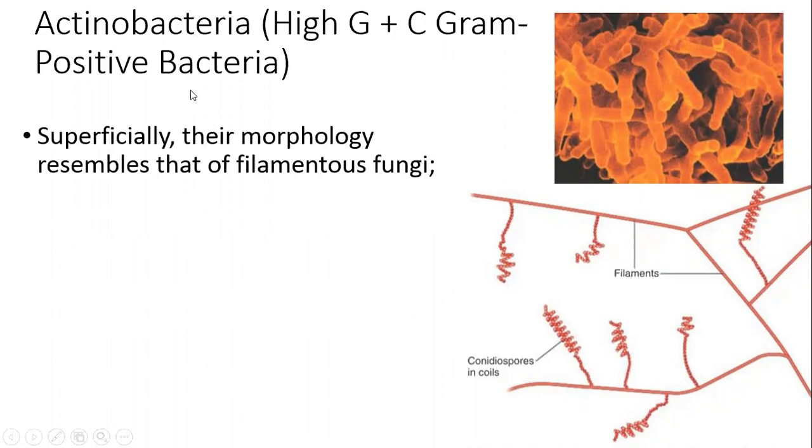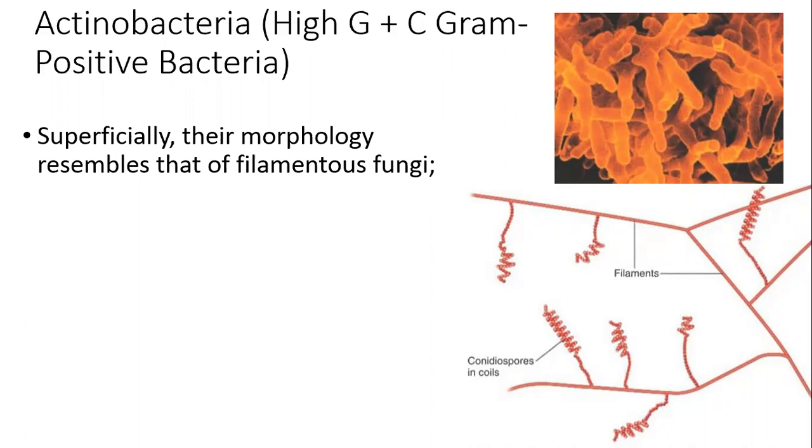So these actinobacteria as a group display some common properties, but few members may differ from those general properties. But most of the properties that we discuss may be shared by the members.